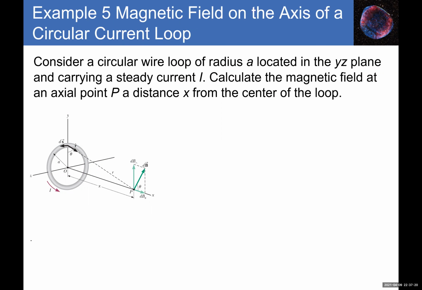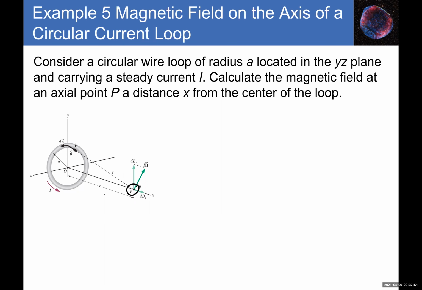Let's assume a circular wire loop of radius A located in the YZ plane and carrying a steady current I. We want to calculate the magnetic field at an axial point P at distance x from the center of the loop. That means we basically want to find the magnetic field at that position P due to the wire loop.